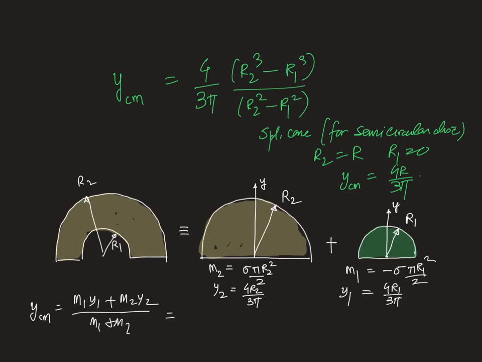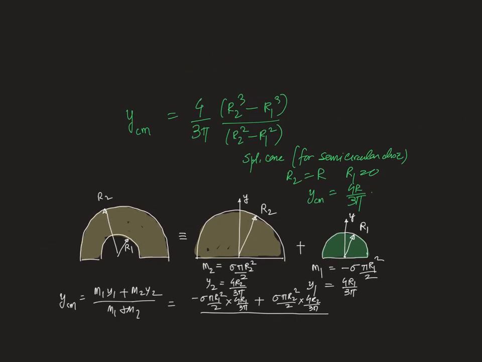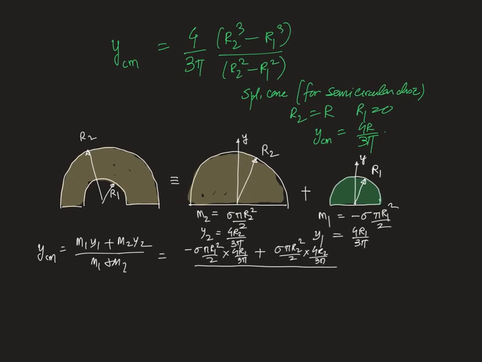So you can put here minus sigma pi R1 square by 2 multiplied by 4R1 by 3 pi, plus sigma pi R2 square by 2 multiplied by 4R2 by 3 pi, divided by sigma pi R2 square by 2 minus sigma pi R1 square by 2.